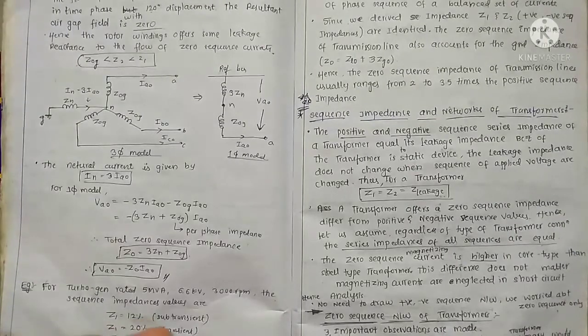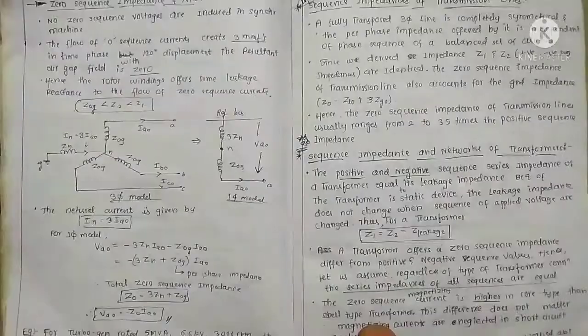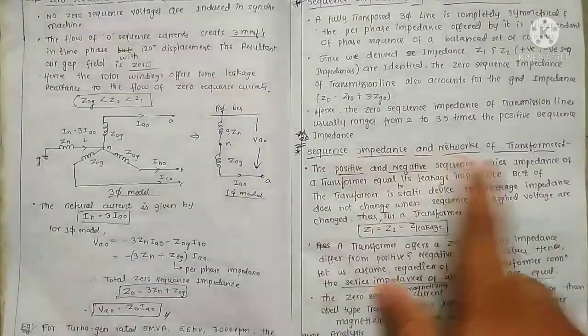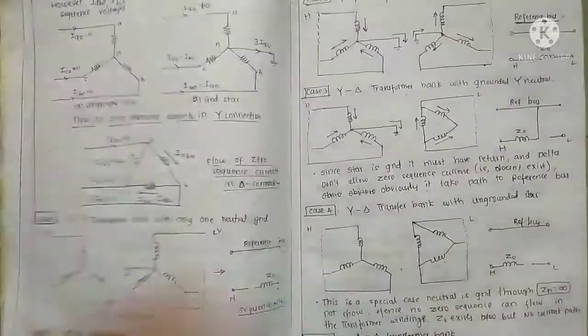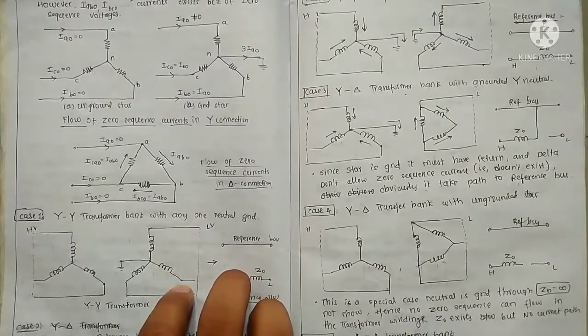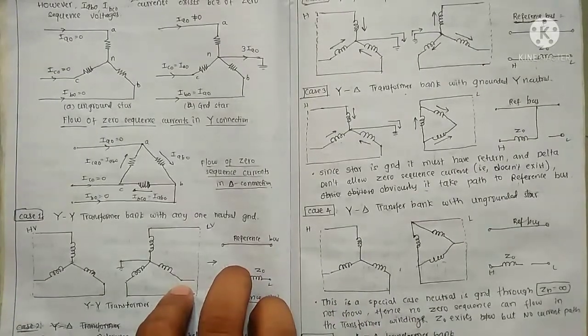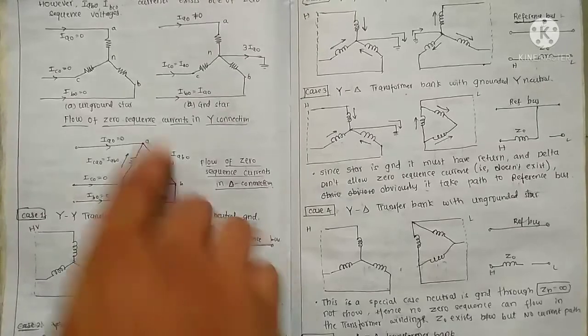Coming to transformers, only zero sequence networks are very important. For sequence impedance and networks of a transformer, only zero sequence components will be present.